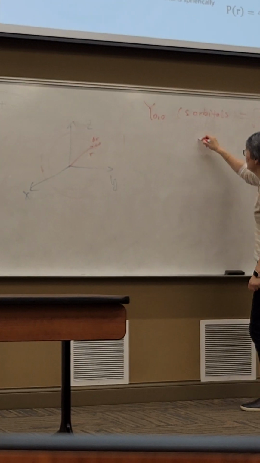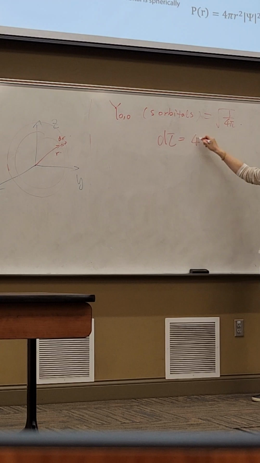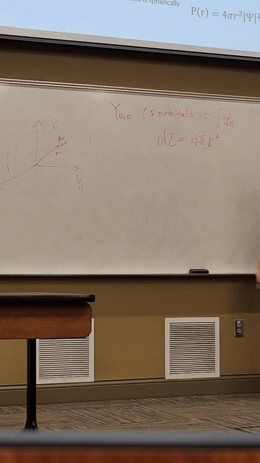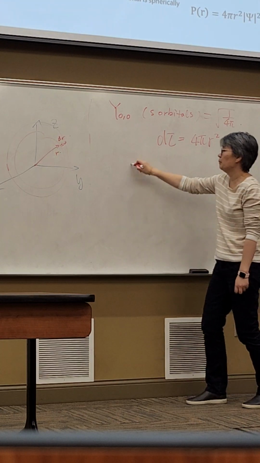Then the d tau will become the surface area of the sphere at that radius. You guys agree? And then you multiply by the thickness of the shell, which is dr. So that is your volume, and therefore your probability.